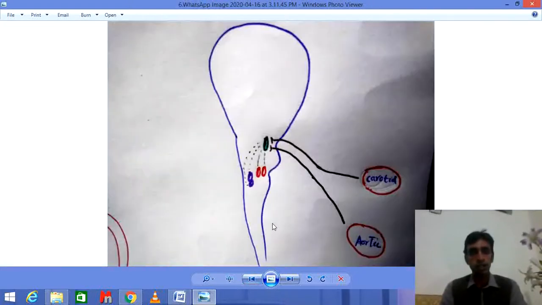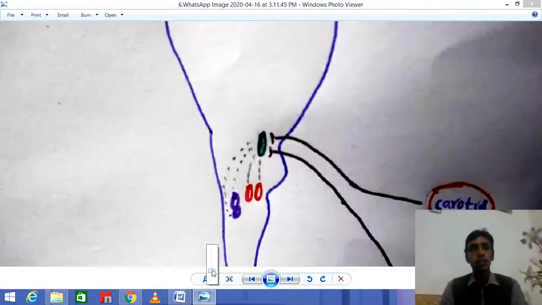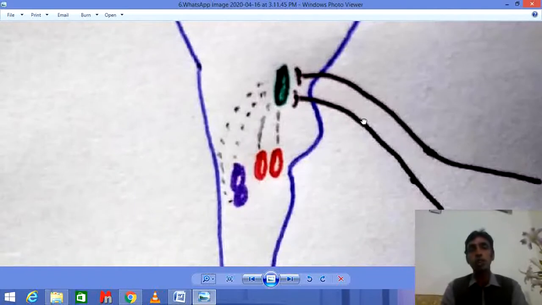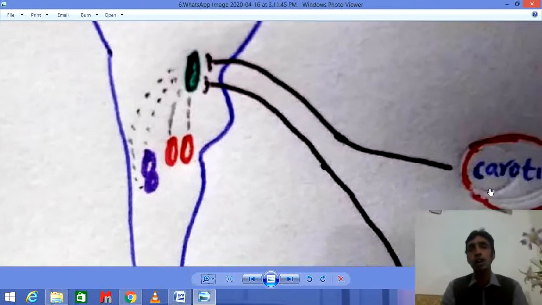First focus on this diagram once again. For example, when the blood pressure is high, the carotid and aortic sinus are dilated.